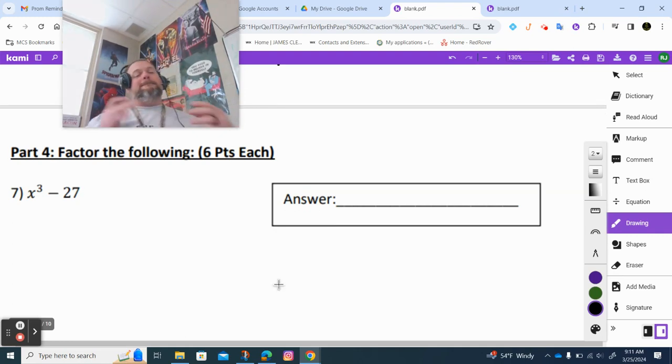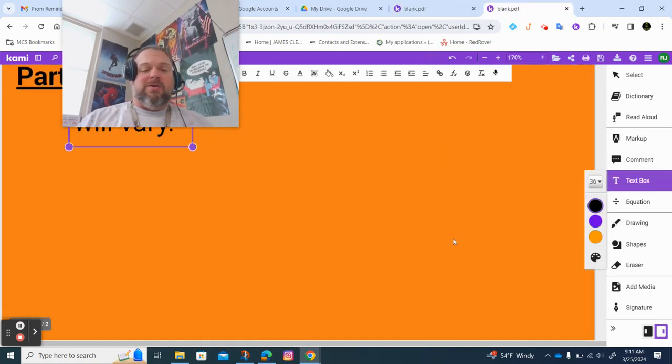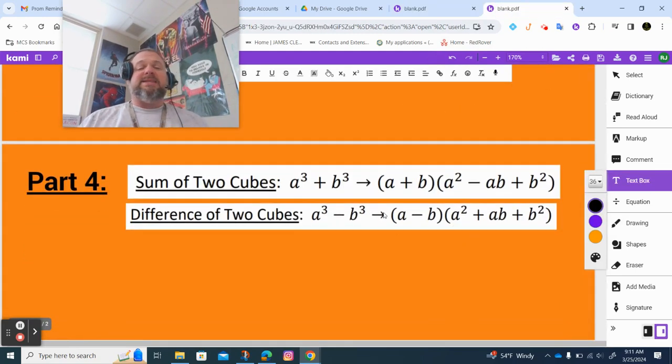Now, part 4. Part 4 is a little bit easier for the orange sheet. What I did for my orange sheet is I actually grabbed the definitions that we had from our notes.